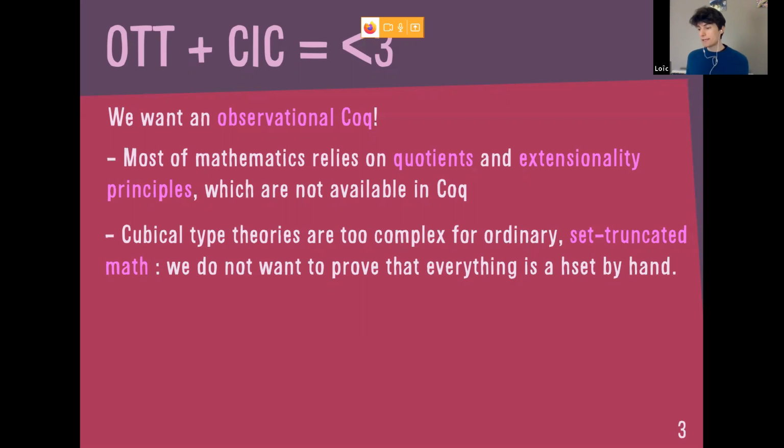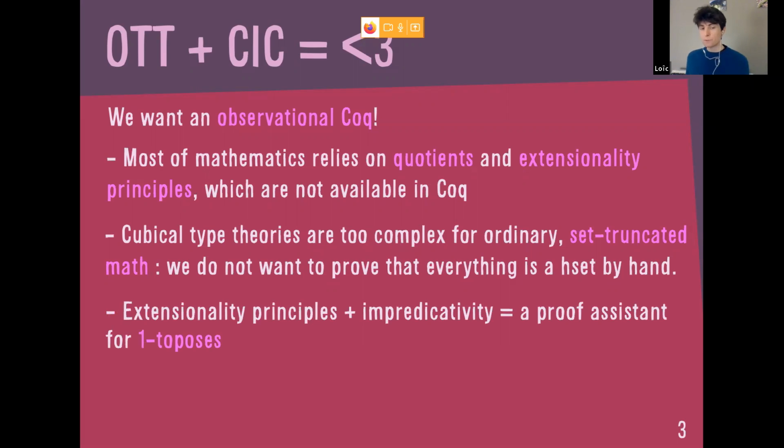And even for a seasoned type theorist, doing h-set truncated mathematics in cubical Agda is hardly a pleasant task. We do not want to have to prove that everything is an h-set by hand, and carrying around all these burdensome proofs is not very convenient. This is basically the setoid hell all over again. So we want something more convenient than that.